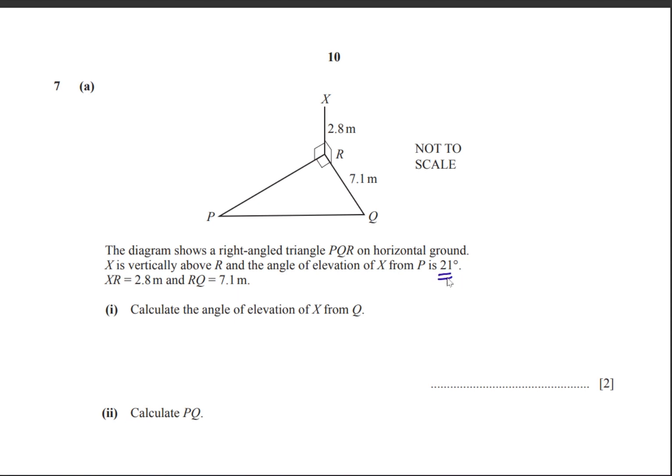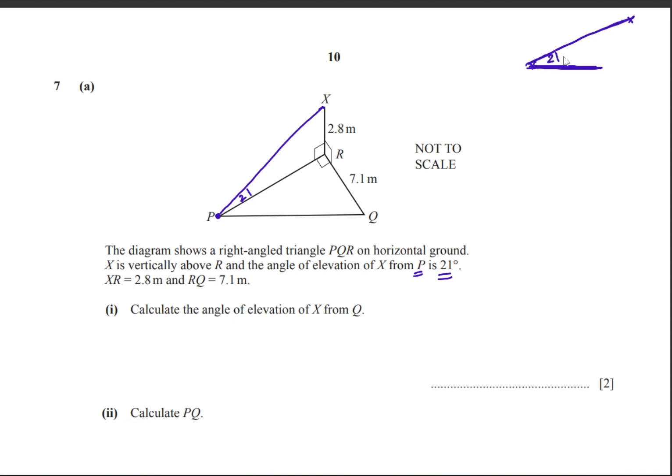Look here. If I'm standing here at B, looking at X, I'm going to rise like this. So this will be 21. So if I'm standing here and looking to something up here, the angle of elevation will be from the horizontal side to the side of this object, which is this 21.